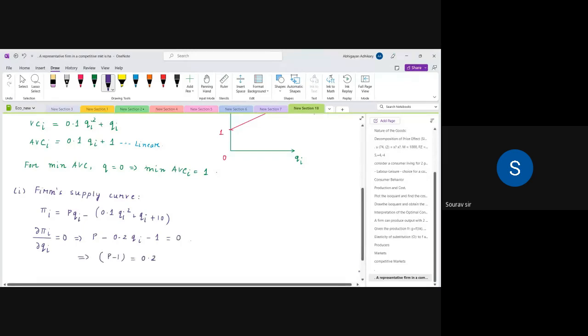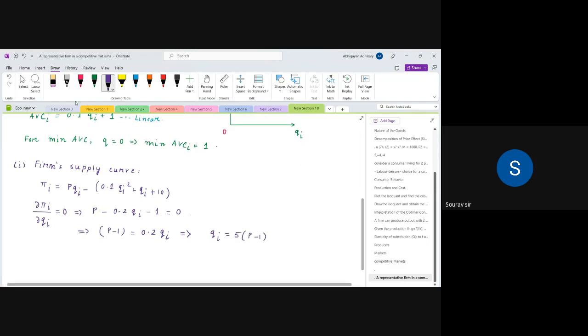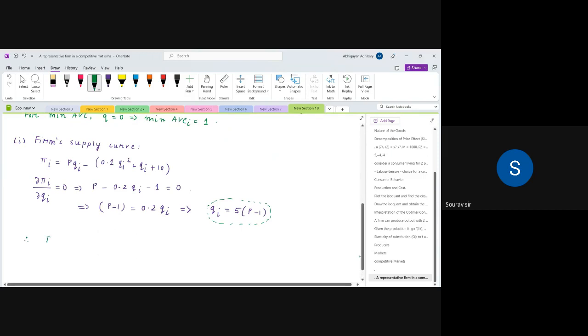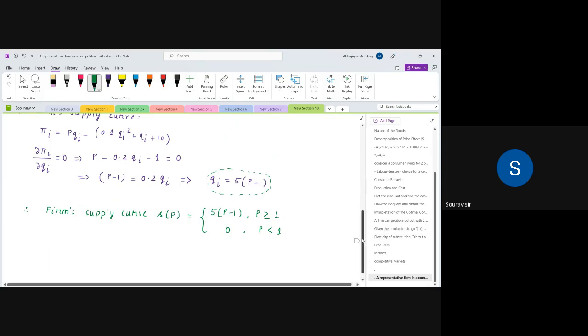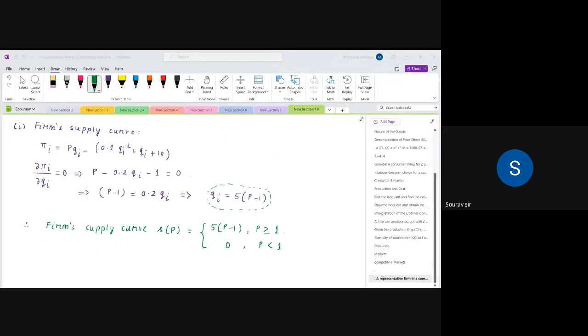So P minus 1 equals 0.2 Qi, or Qi equals 5 times (P minus 1). That means the firm's supply curve, small s of P, is 5 into (P minus 1) if P is greater than or equal to 1, and it's 0 if P is less than 1. This is your firm supply curve.